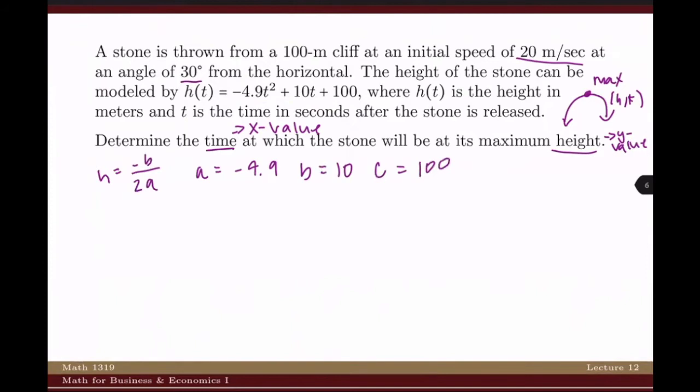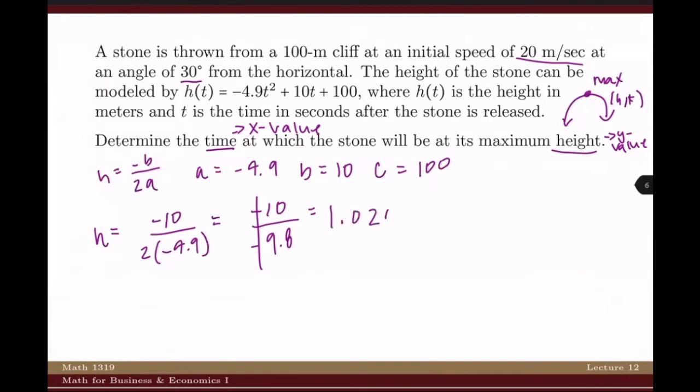So that means our x coordinate of our vertex, which we call h, is going to be -10 divided by 2 times -4.9, which is equal to negative 10 divided by 9.8, which is going to be 1.0204. All right, moving on.